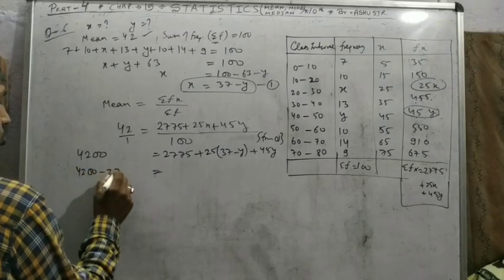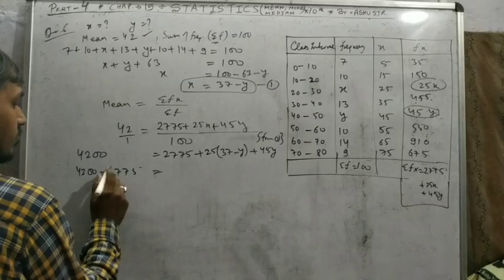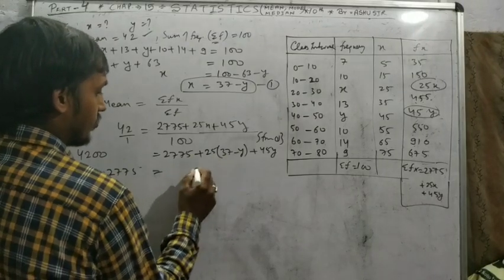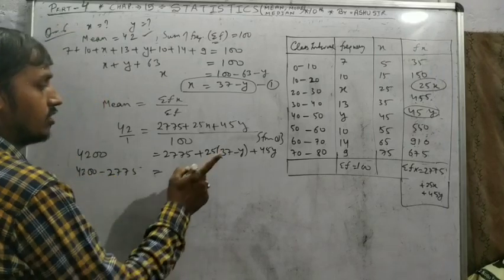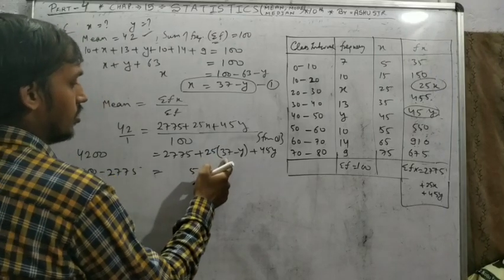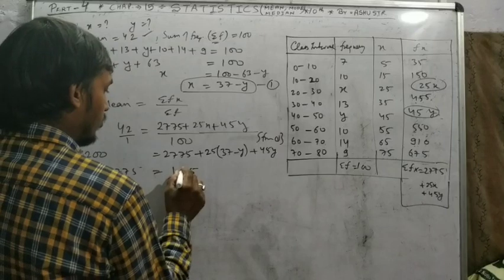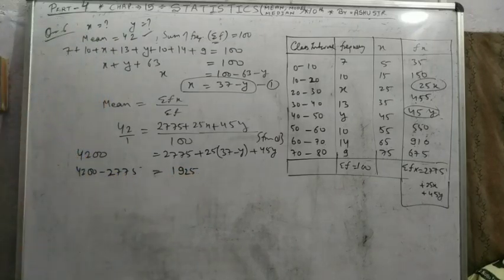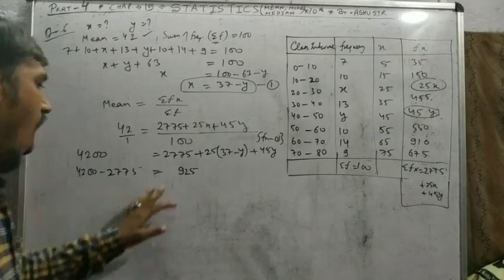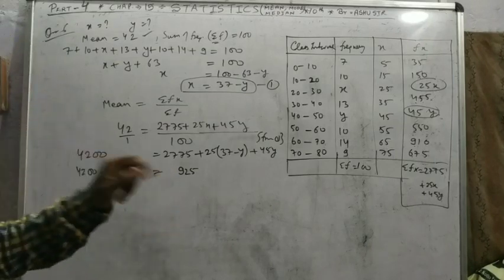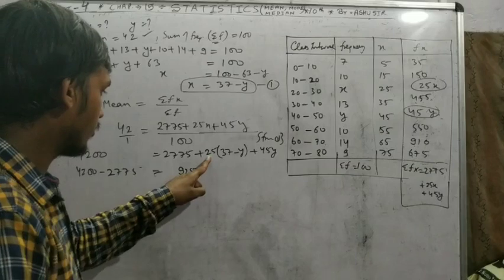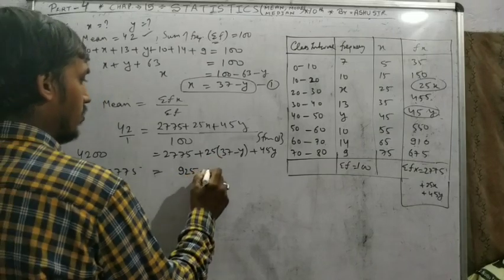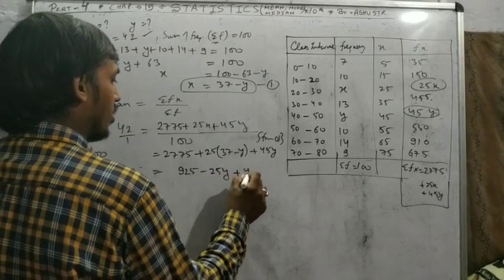Then 4200 minus 2775, and minus 25y plus 45y.